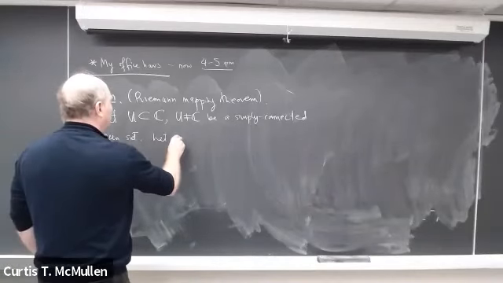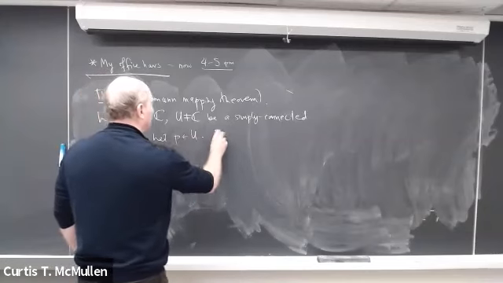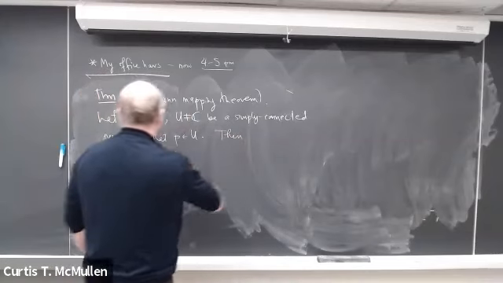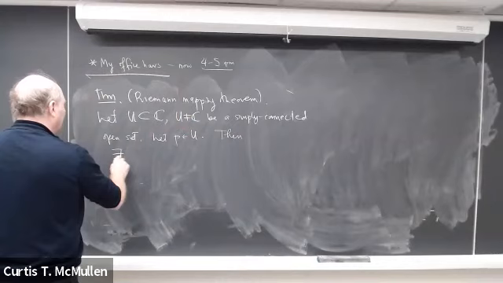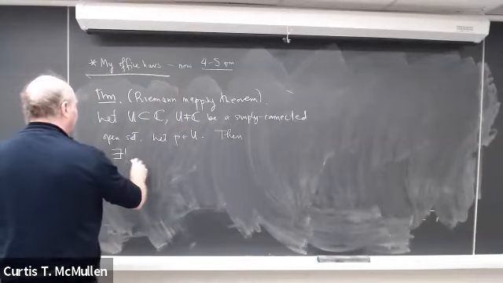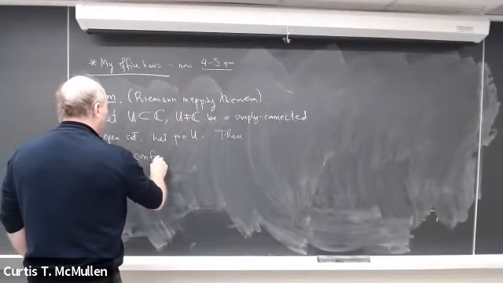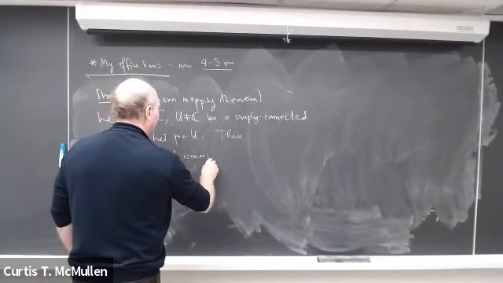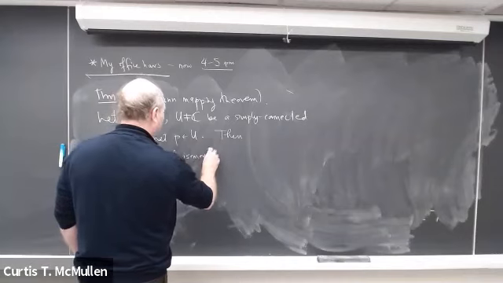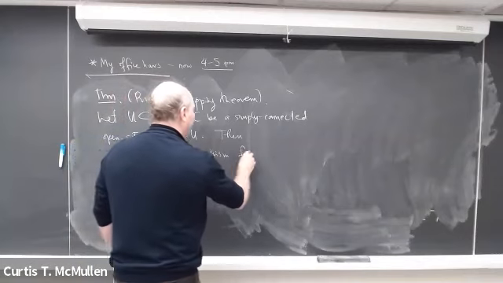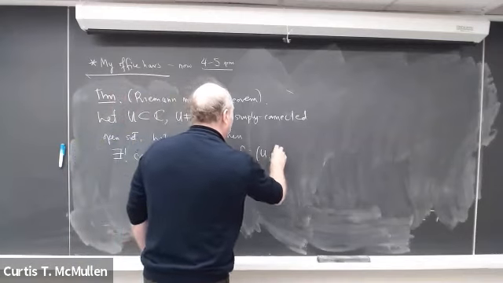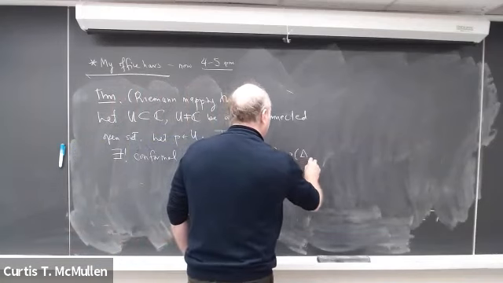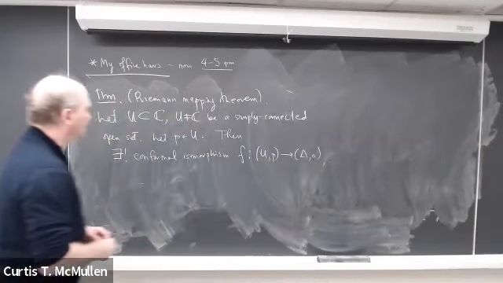Let P be a point in U, then there exists, in fact, a unique conformal isomorphism, in other words, analytic bijection, f from (U, P) to the unit disk with 0.